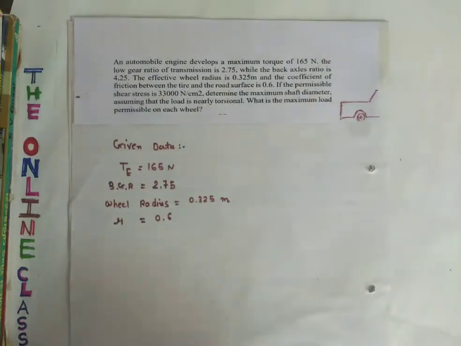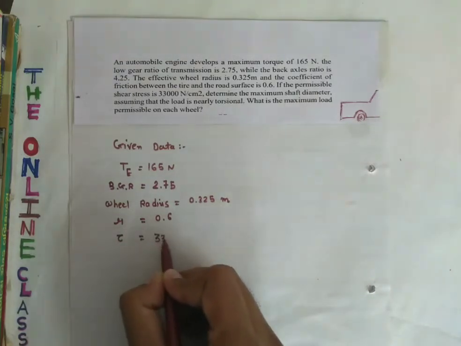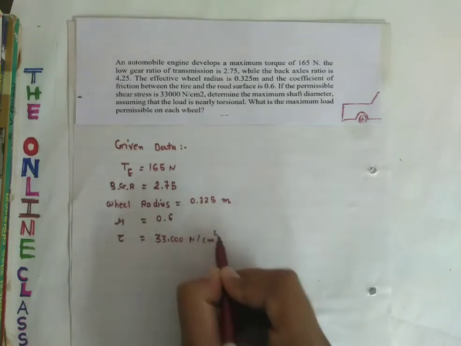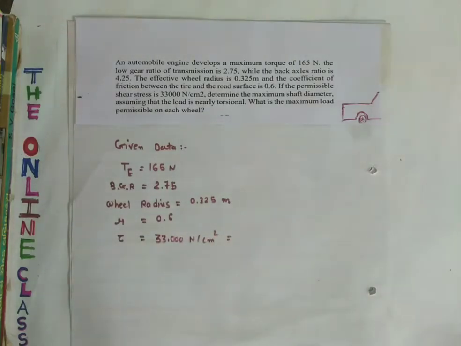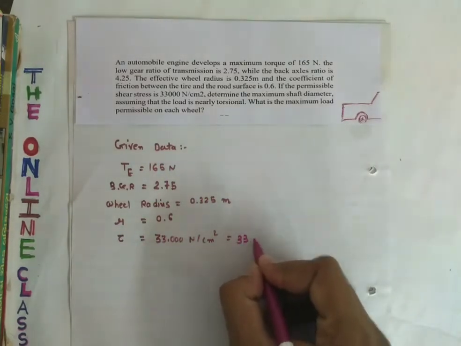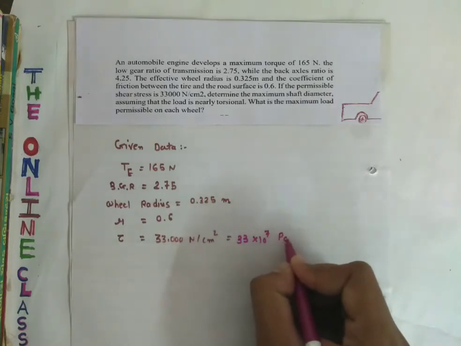The permissible shear stress tau is 33,000 Newton per centimeter square, convert into Pascal. So here 33 into 10 raised to 7 Pascal.